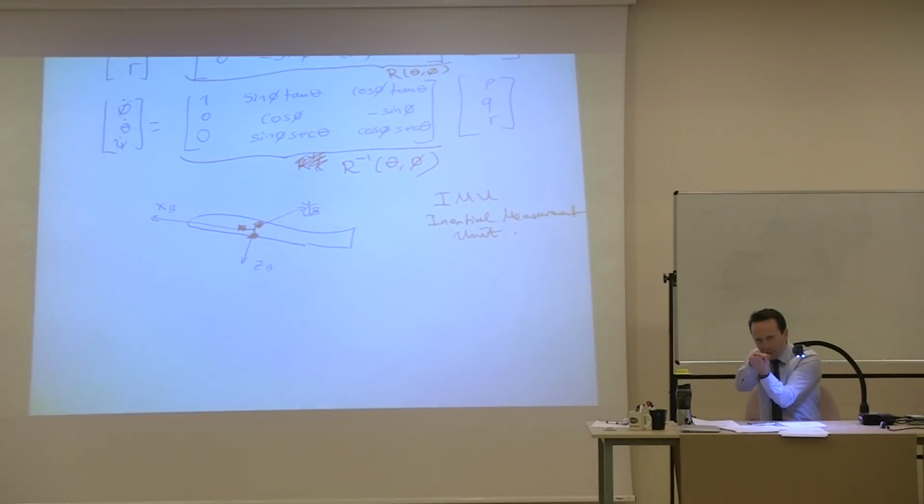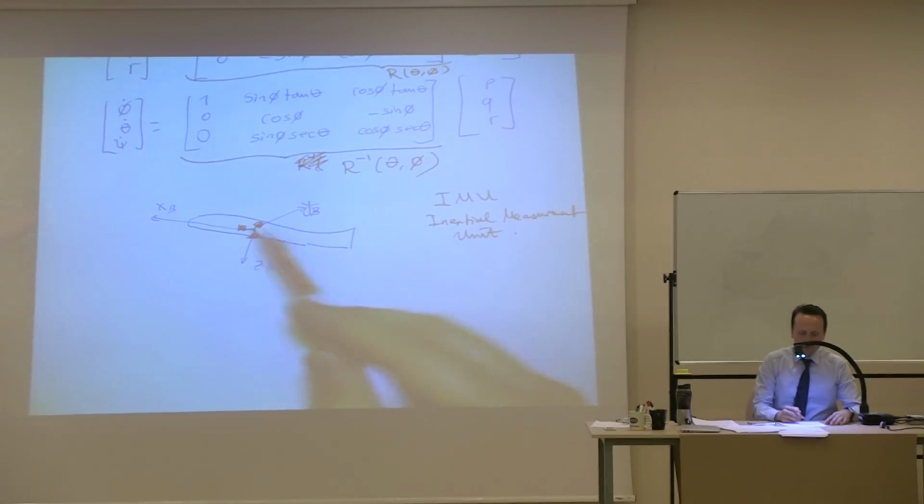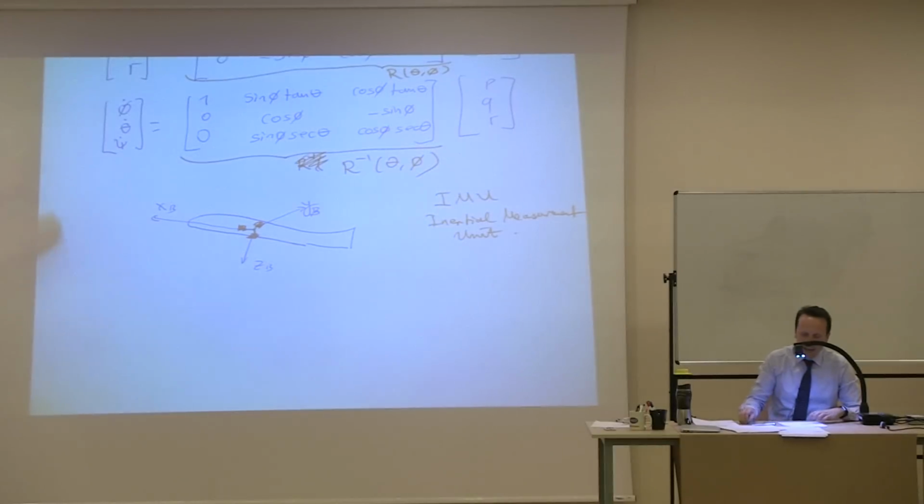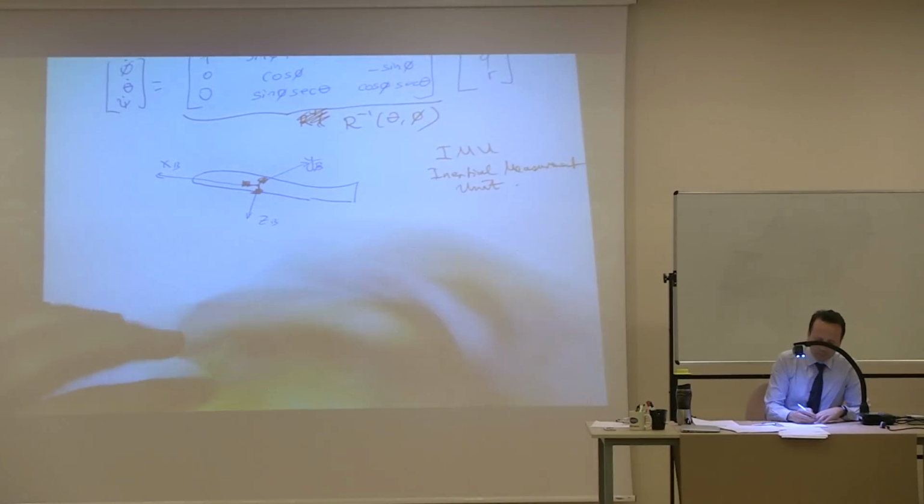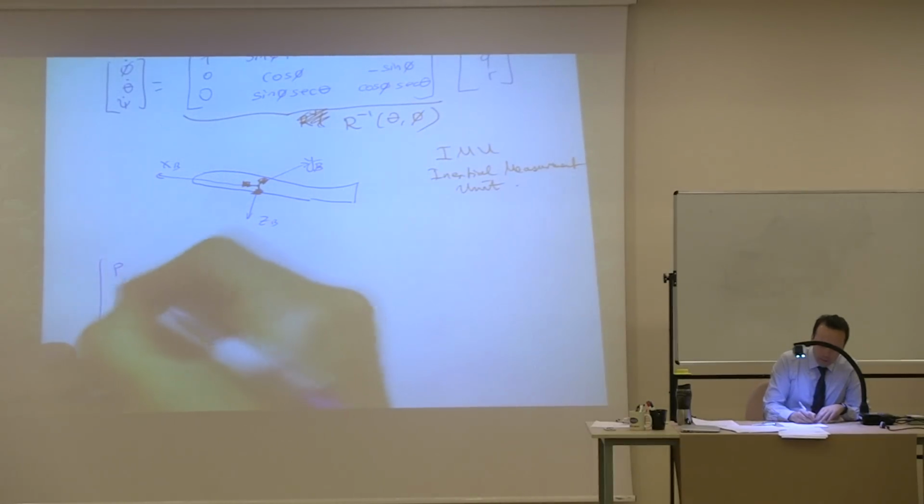Even if the airplane is going up like that, the gyroscope will still be measuring the body axes. That's what a gyroscope measures. Basically the gyroscopes do measure P, Q, and R. That comes out of the gyroscope.